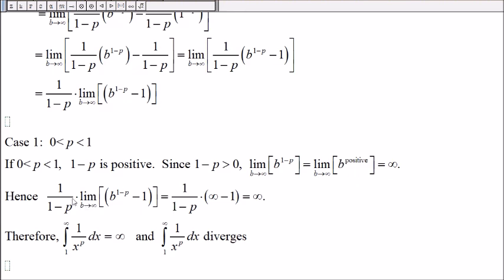And so now we have 1 divided by 1 minus p. As b approaches infinity, this quantity will approach infinity. So we get infinity minus 1 is infinity, and then times this finite value right here, which is infinity.